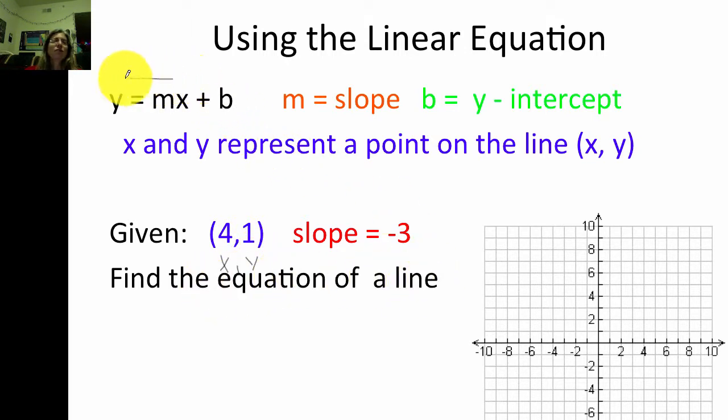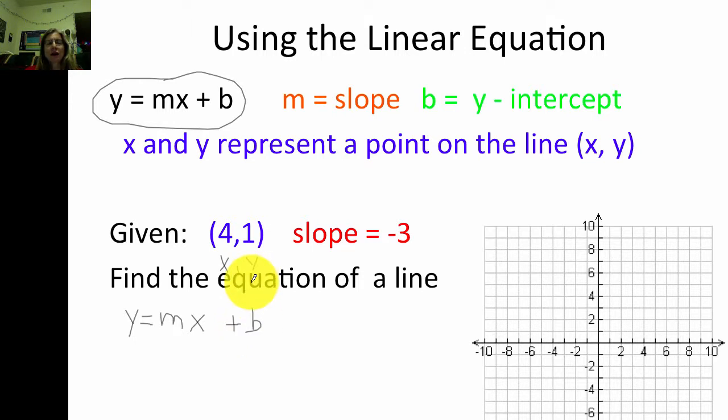Well, we're going to take our formula. This is not an equation yet, it's just a formula. And we have to plug in as much information in our formula as we can. But what do we need? To have an equation of a line, you have to end up with a number here and a number here.